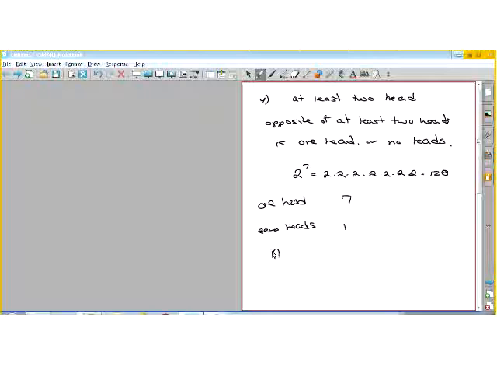So the number of at least 2 heads is going to be the total number of possibilities, which is 128, minus the number that have 1 head, minus the number that had no heads, and you get 120.